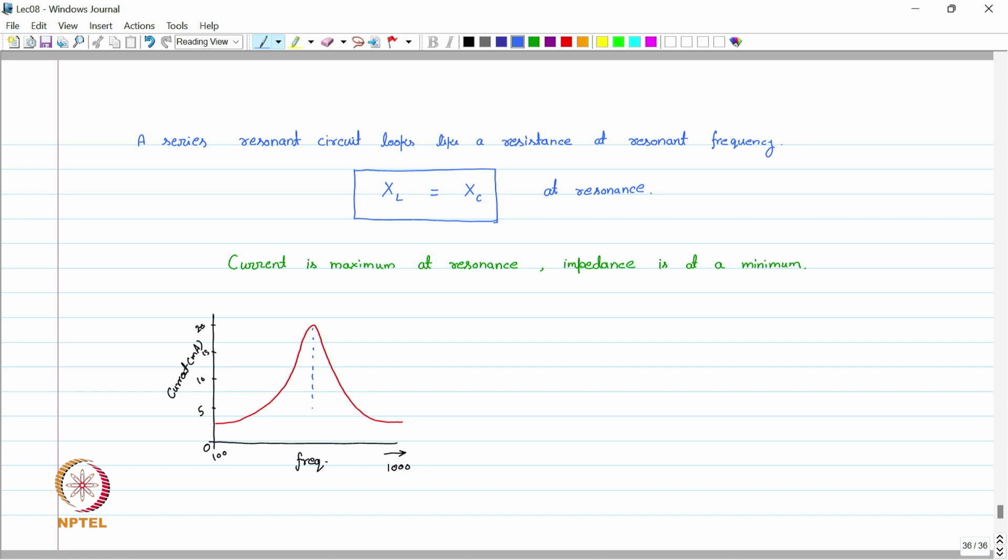This frequency is the resonant frequency, and this is the resonance point.